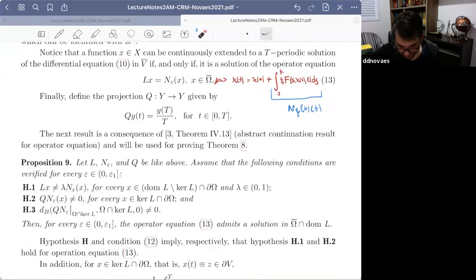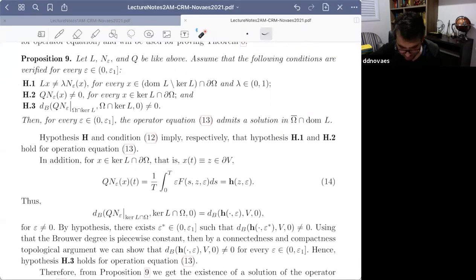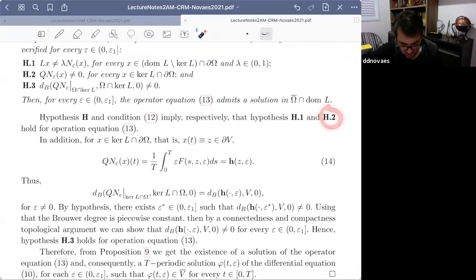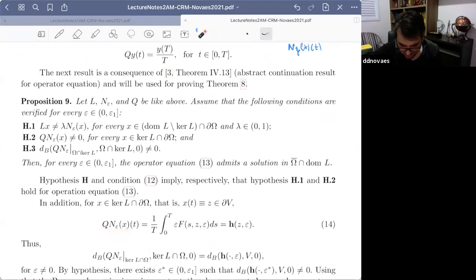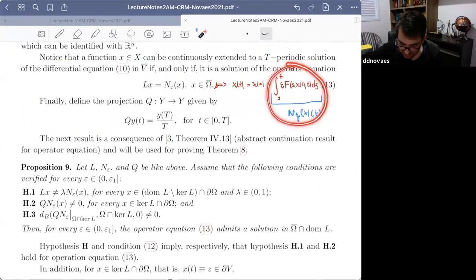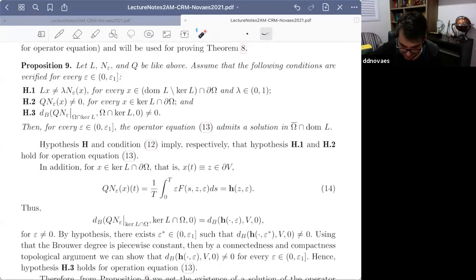Condition 12 will imply condition H2 directly, because when we apply Q N epsilon and we substitute the definition of N epsilon and the definition of Q, what we get is exactly h_z of epsilon. Okay, so this hypothesis is implied by condition 12, because I'm assuming that this is distinct from 0, so that is exactly condition H2.